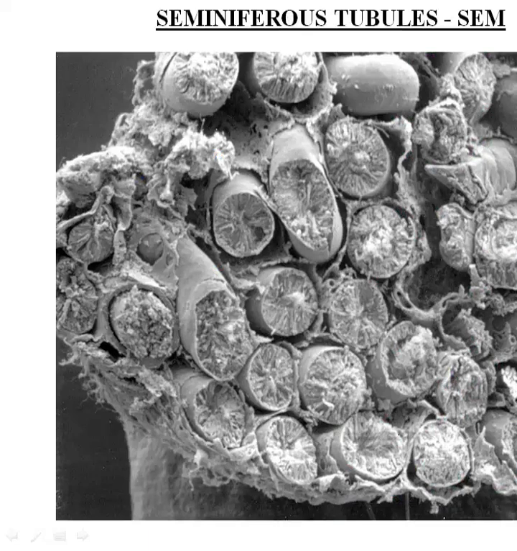Now, when these seminiferous tubules are observed under the scanning electron microscope, this electron micrograph shows the exact structure that we theoretically predict. Now see here, all these tubules are broken into parts. Okay, so when you open any single tubule, you will find centrally directed lines.